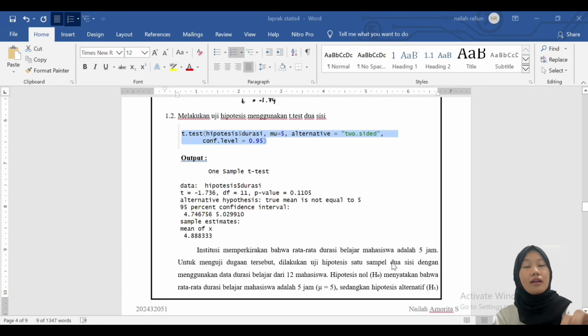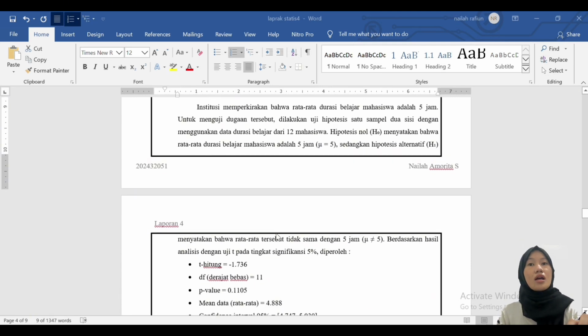Next question. For question 1.2, we have to conduct hypothesis testing using a two-sided t-test. And this is the code and the output. The institution estimates that the average study duration of students is 5 hours.